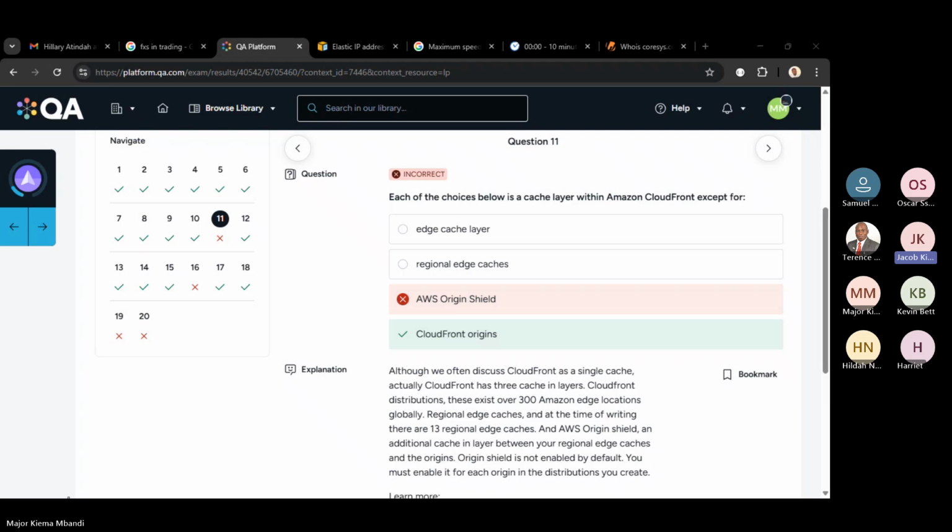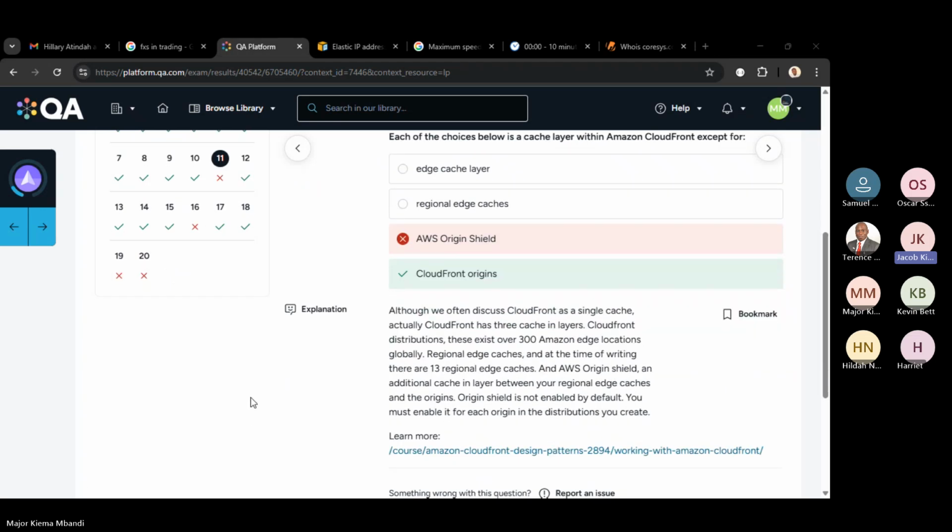Each of the choices below is a category within Amazon CloudFront, except for... the correct answer is CloudFront Origins. Maybe just the explanation down there: although we have discussed CloudFront as a single cache, actually, CloudFront has three caches in layers.